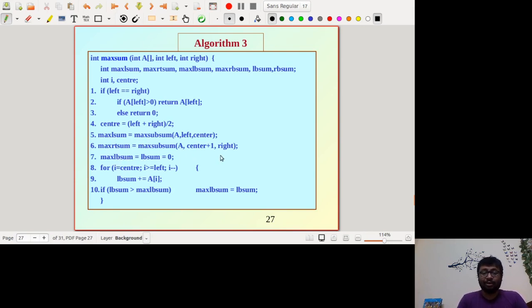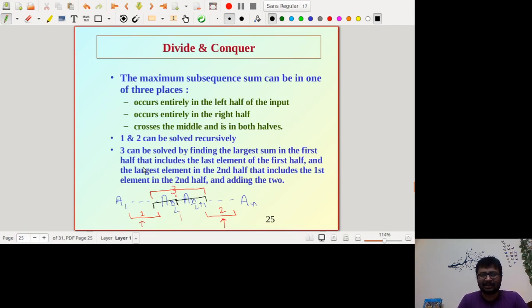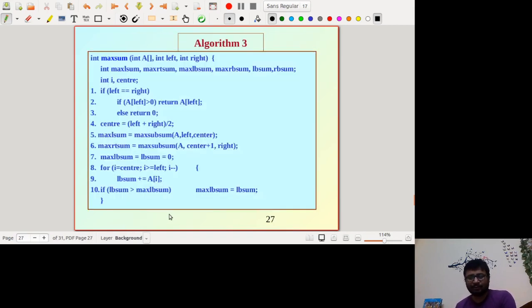Now you do the conquer part. So this is not the end of the program, it continues to the next slide. In this page, you first look at all the arrays that are of this form, this black array. You start from the center and go left and look at all these sums.